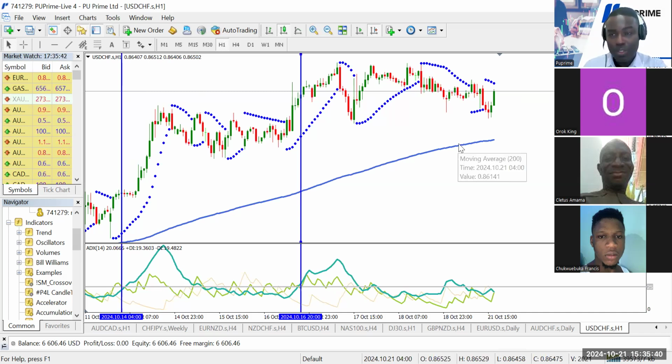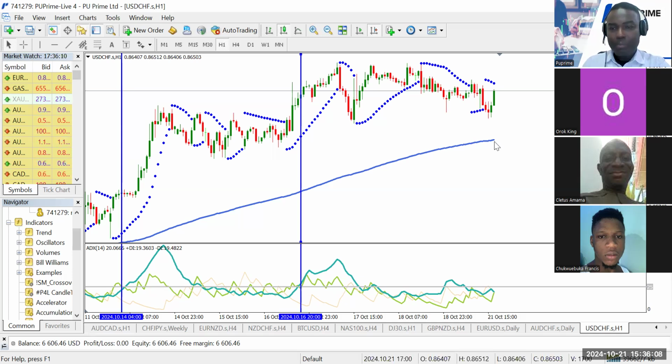The choice is yours. I know some people use 14, 8, but for me, if I add additional moving averages, I try to add double of the previous one. I can do 5 and 10. Sometimes I may add a 20, a 50, a 100, then a 200. But it's not really about the number of moving averages. It's being able to understand how it works. That is what is most important.